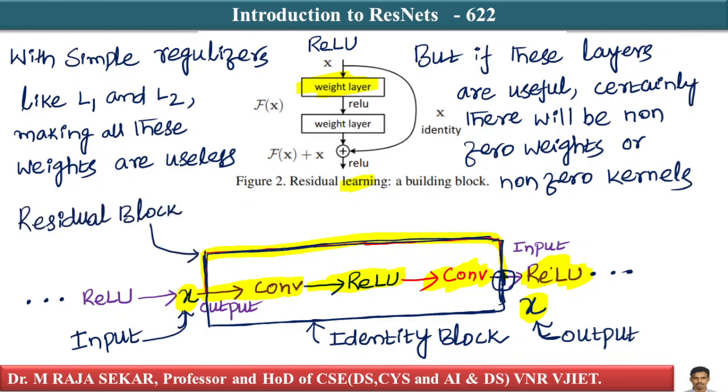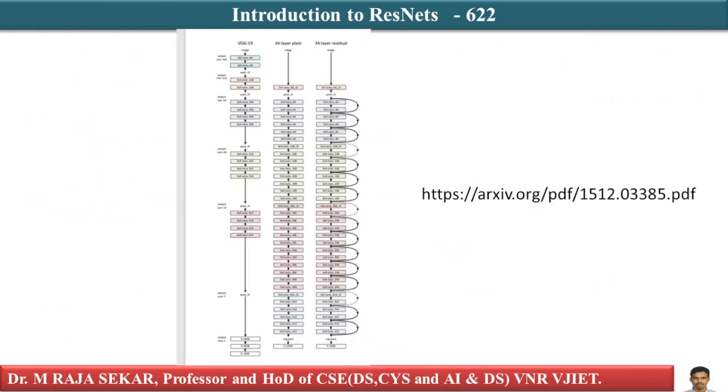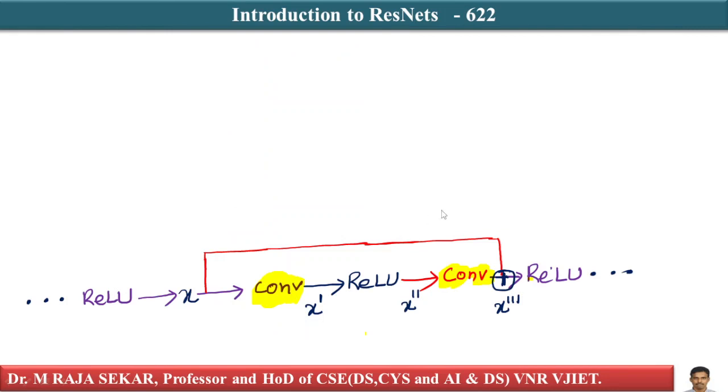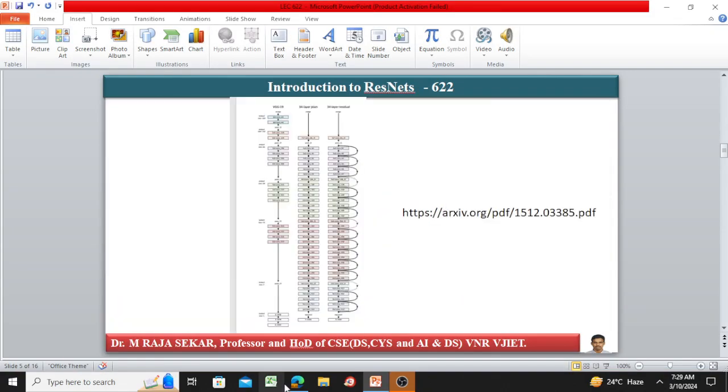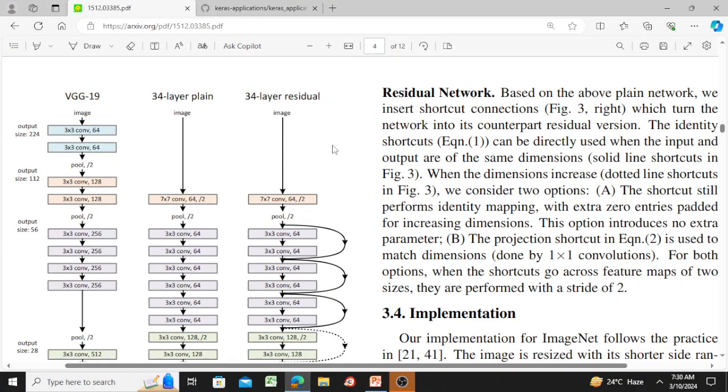Very simple concept. Now, given this block, let's see how the actual structure looks. Of course there are lots of ResNets, so this is a very nice example.